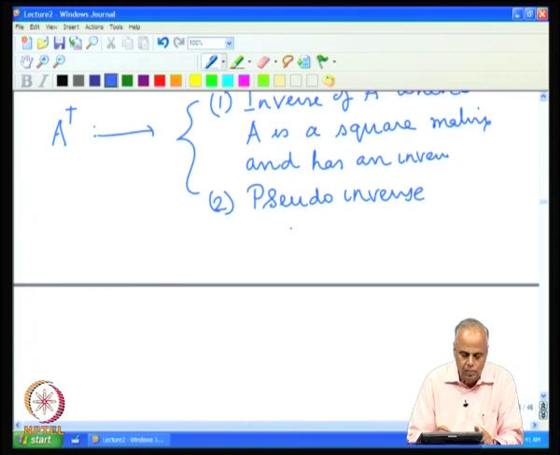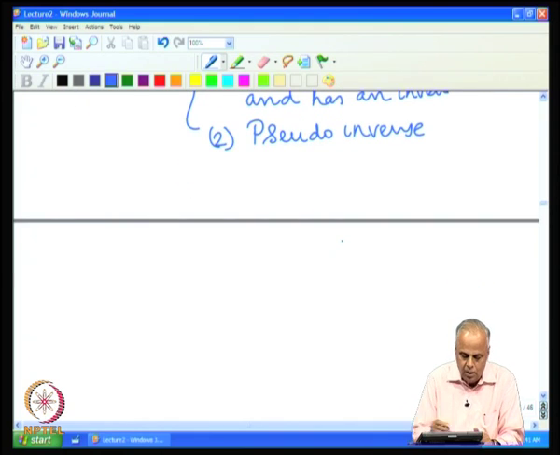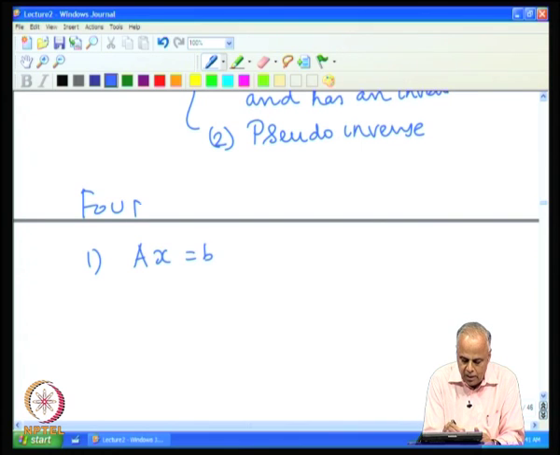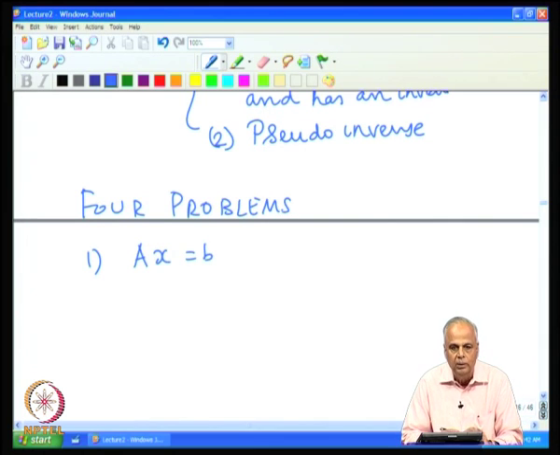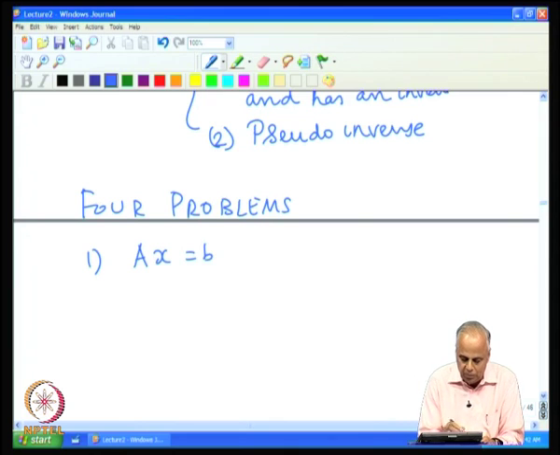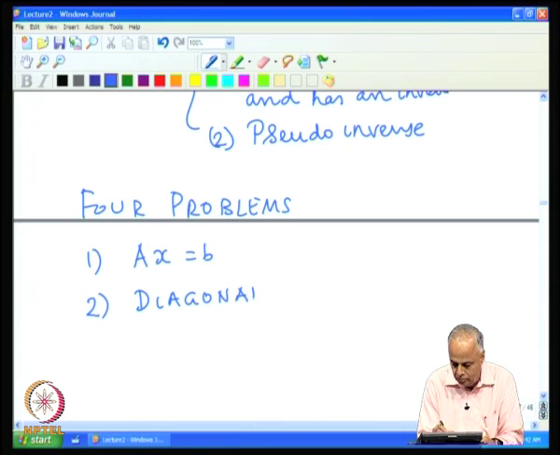Thus, we have looked at 4 problems. 1, the system Ax = b. The 4 problems we have studied, or we have just generally discussed, are going to form the backbone of the various studies that we are going to do in linear algebra. Then we looked at the question of diagonalization and near diagonalization.